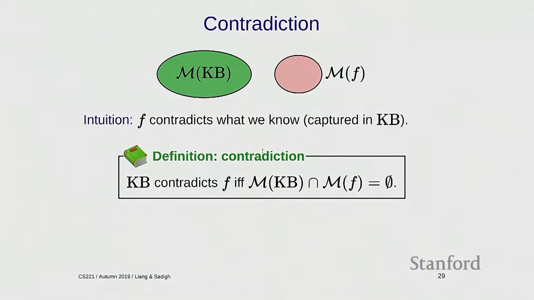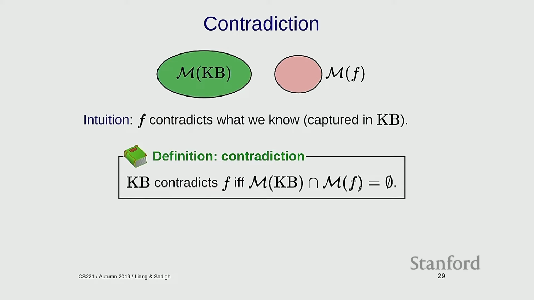A second case is contradiction. If you believe the world to be in here somewhere, and someone told you it's actually out here, then your brain explodes, right? This is where the intersection of the set of models of the knowledge base and the set of models denoted by the formula is empty. So this doesn't make sense.